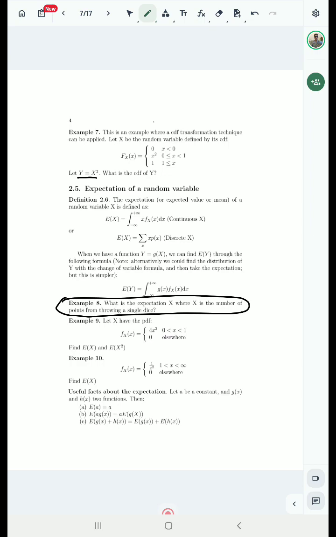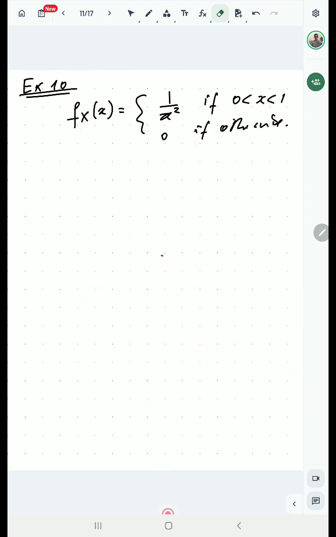Oh, I'm sorry, this should be 1 over x squared when x goes from 1 to positive infinity, and 0 elsewhere. So I made a mistake here.